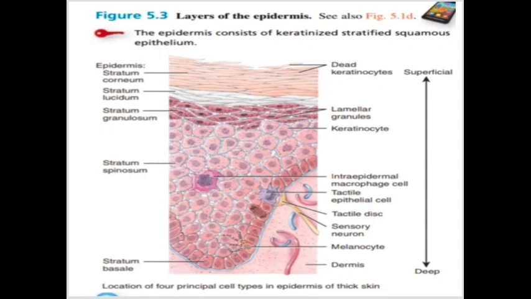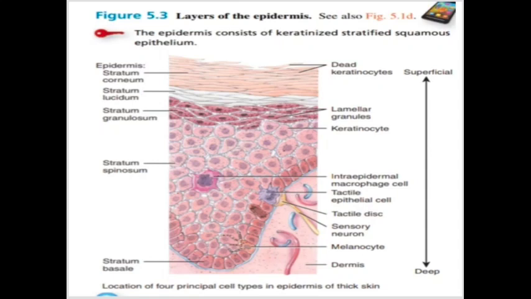Now comes the outermost layer, that is stratum corneum. It consists of on an average 25 to 30 different layers of keratinocytes. The cells in this layer are totally dead and they are packed with keratin only. In some thick areas of the skin, there can be more than 50 layers of keratinocytes as well.